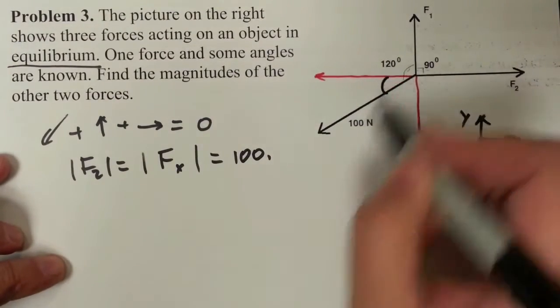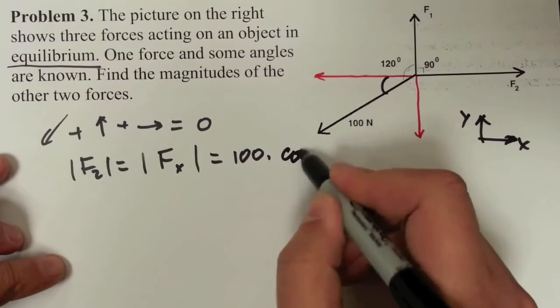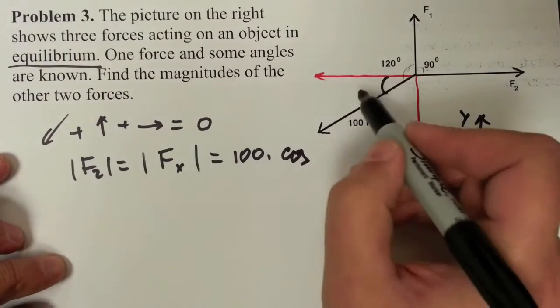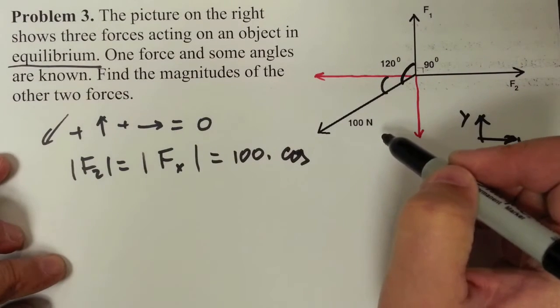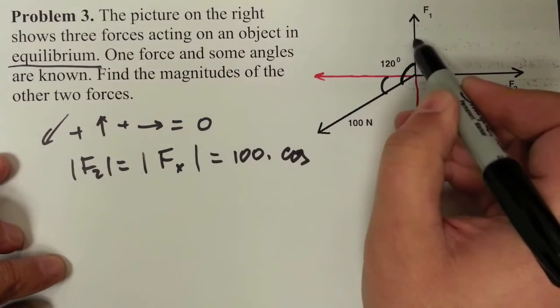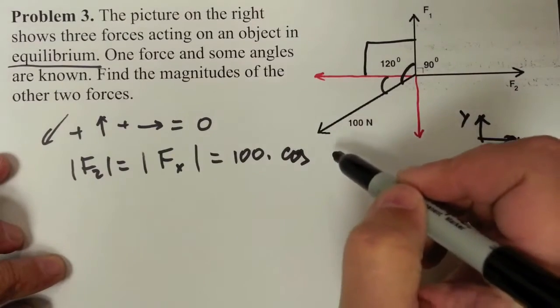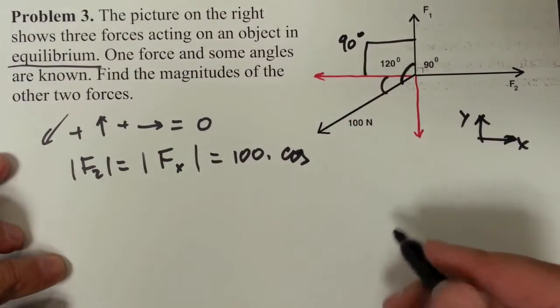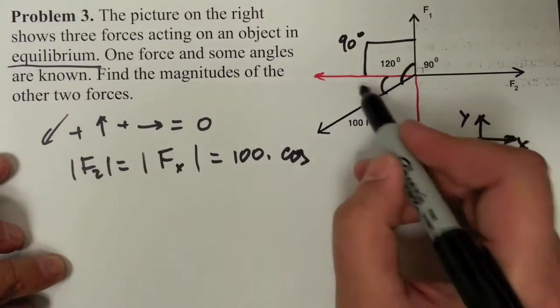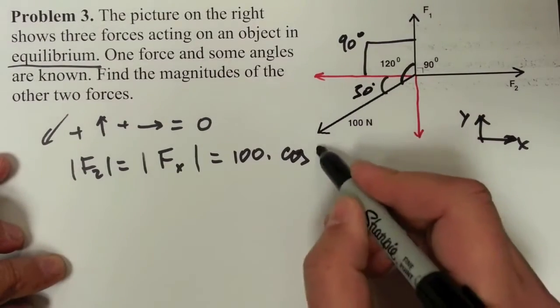Well, let's say times cosine of this angle. So if from here to here this angle equals 120 and this angle equals 90 degrees, x and y axes are perpendicular to each other, so 120 minus 90, this angle equals 30.